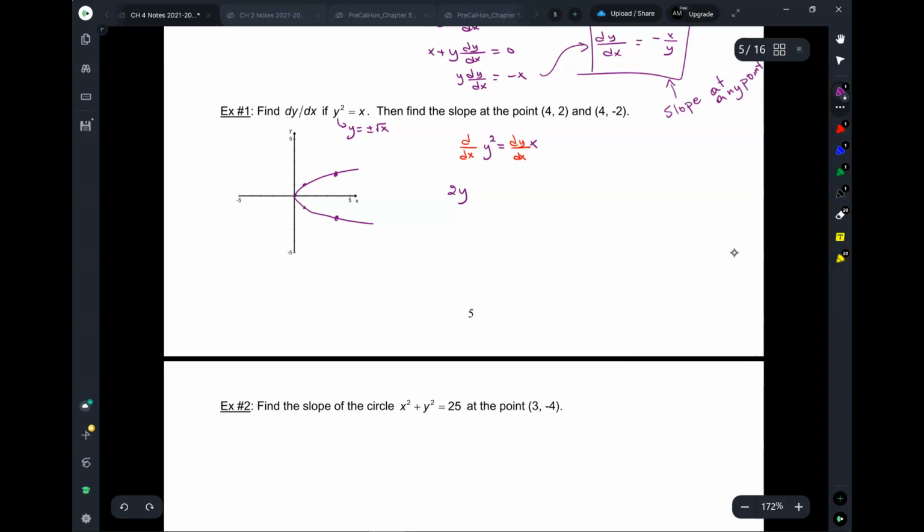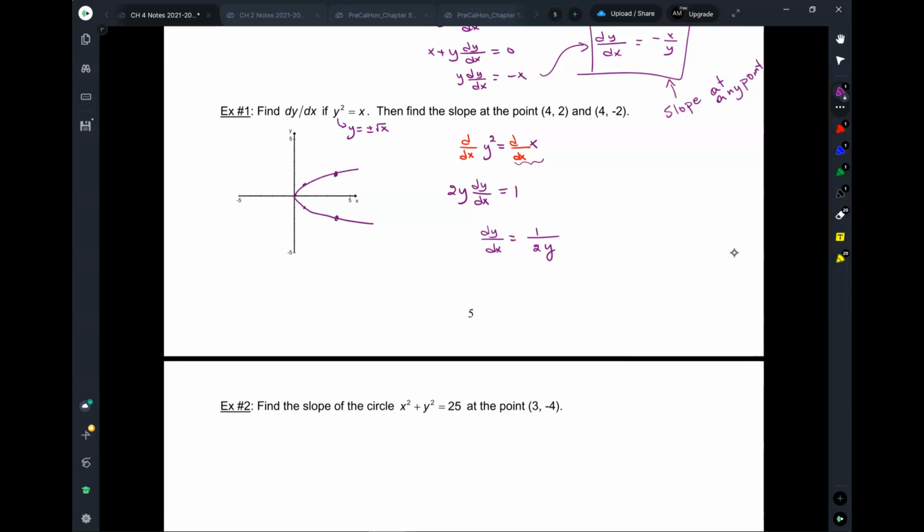But because it's the y, tack on that label dy dx. Equals dy dx of x is 1. So now dy dx is 1 over 2y.